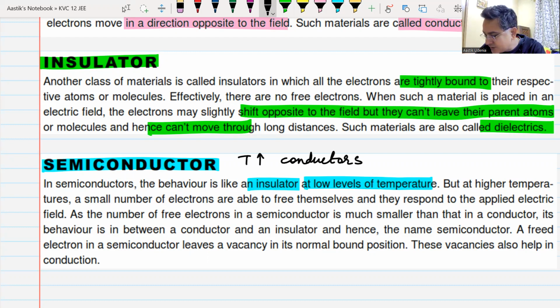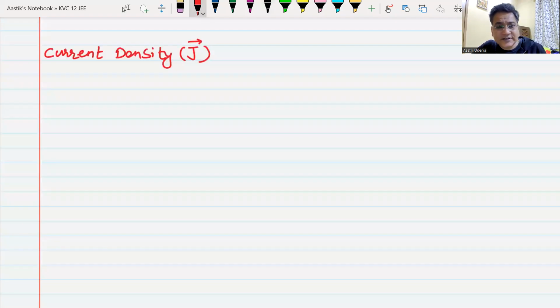That takes us to the next heading. Shall we move on to the next heading? Now we are still writing what is conductor and what is insulator. Noted it down? Yes, sir.